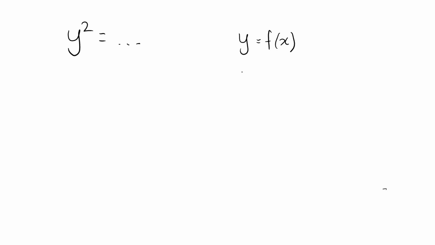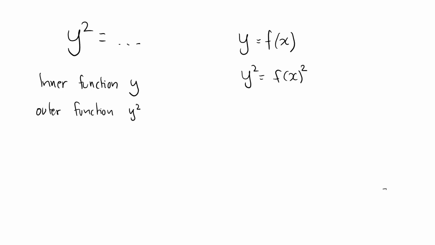Therefore, y squared must be viewed as a composite function. The inner function is y as a function of x. This function is unknown to us. The outer function is y squared. Remember the chain rule? We are supposed to differentiate the inner function as well as the outer function.